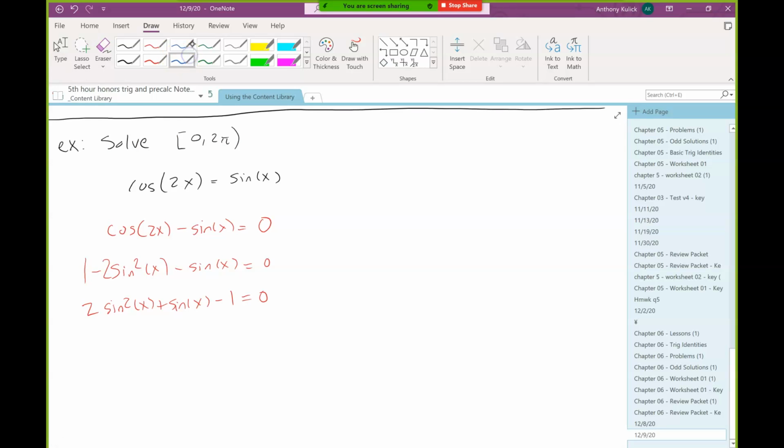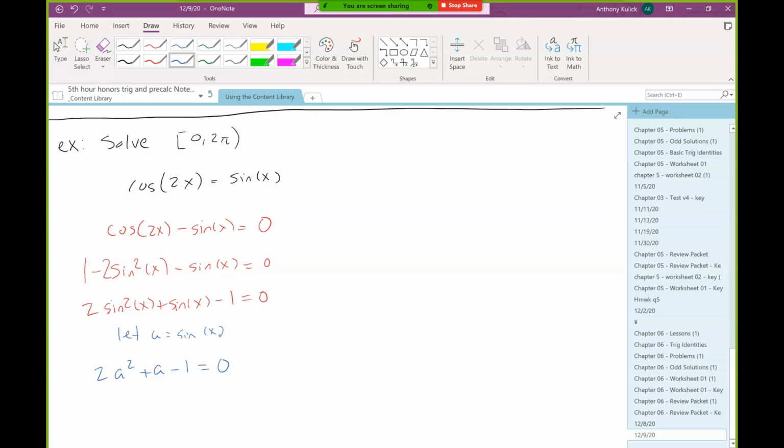So if you look at this, if we think about a as sine x, we're really just solving this quadratic, right? And there's 2 good ways to solve a quadratic. We could try to solve this by factoring, or we could use the quadratic formula.